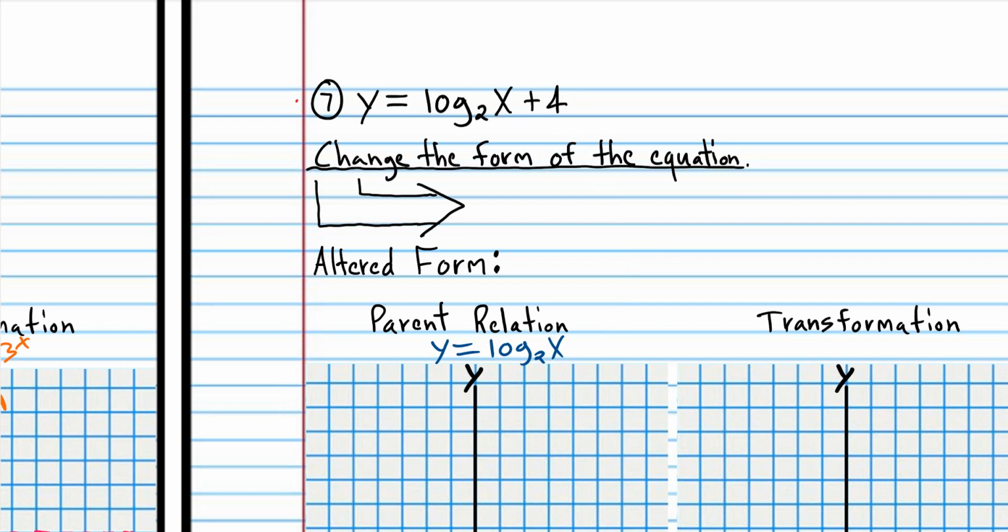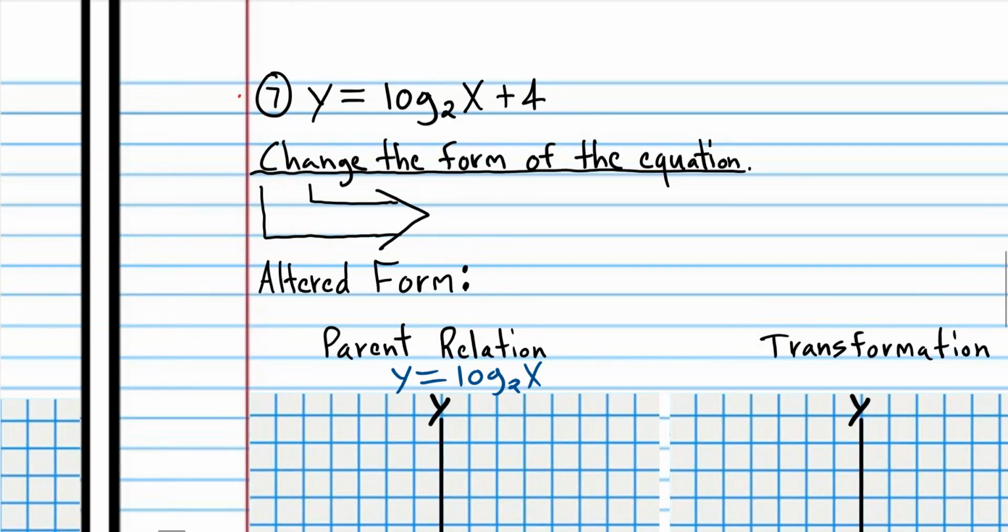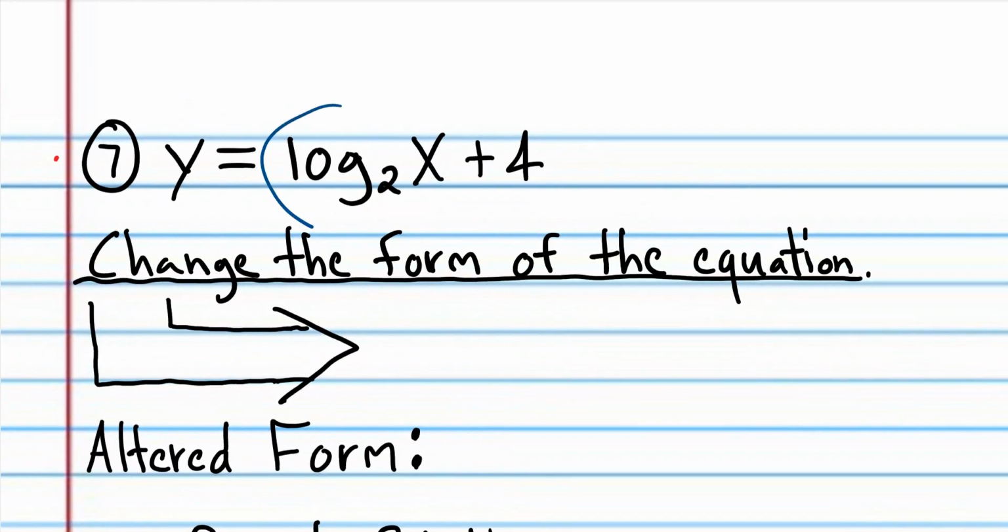But we're actually not adding 4 to x. We're adding 4 to log base 2 of x. Now I know you're going to say, nope, I can see it right in front of me. We're adding 4 to x.